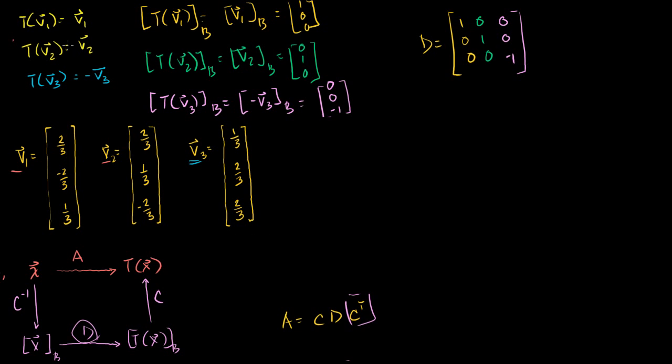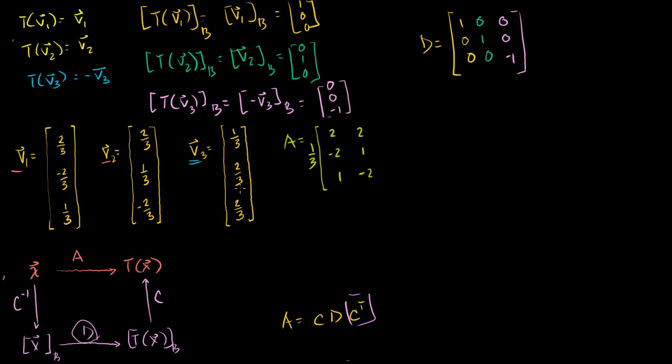So let's figure out what A is. A is equal to our change of basis matrix. Well, our change of basis matrix is just the matrix with these guys as the columns. So let me just take out the 1/3. So A is equal to, so C is 1/3 times 2, minus 2, 1. 2, 1, minus 2.